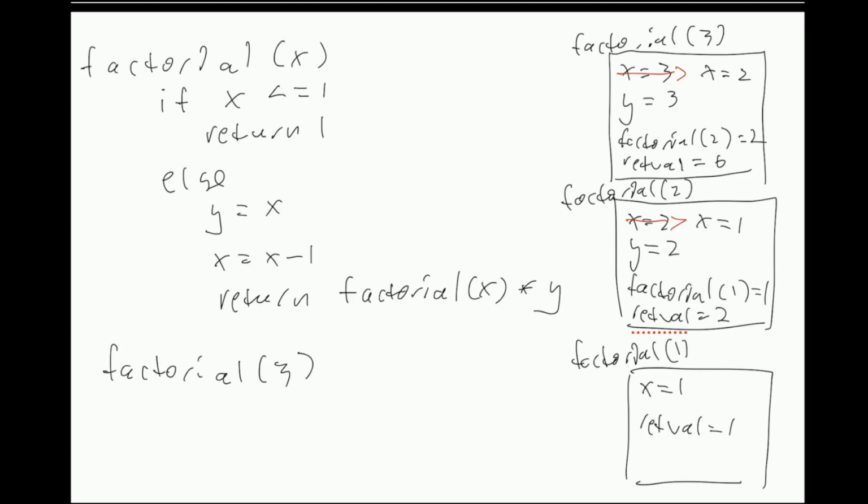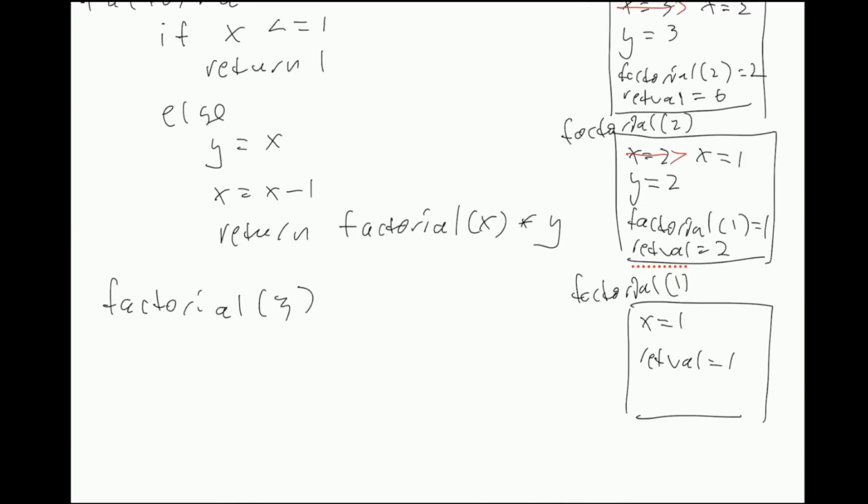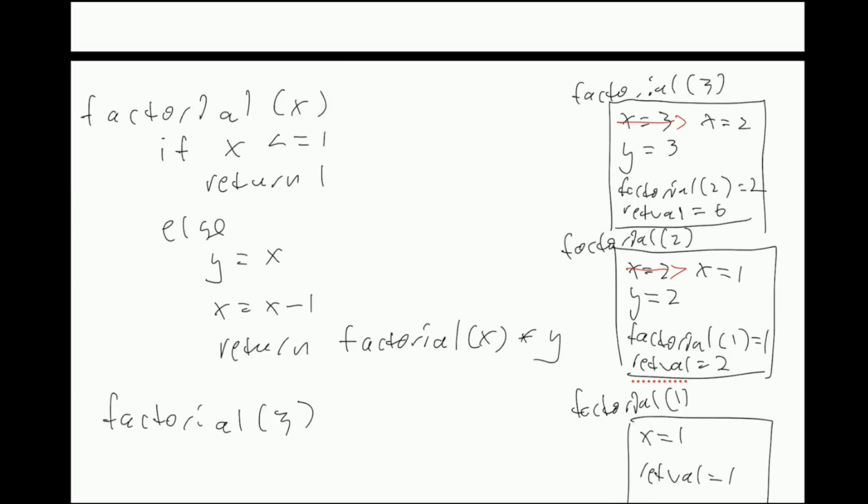So hopefully this gives you a good understanding of recursion, and it just falls out of the behavior of a function where we just freeze all of its state. And if you're ever confused about what a function does, you can make this kind of call tree where you illustrate each of the calls as separate functions.